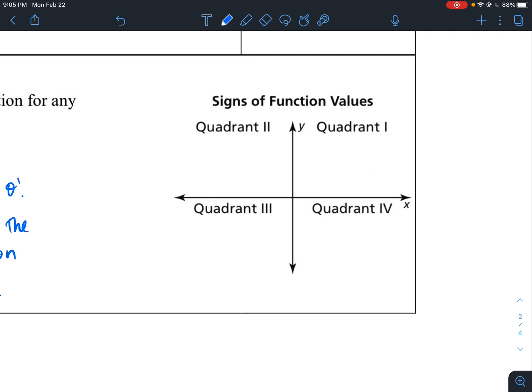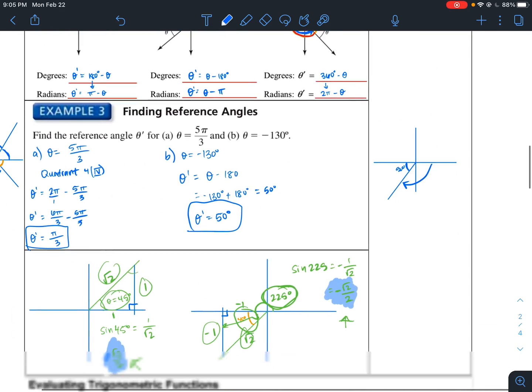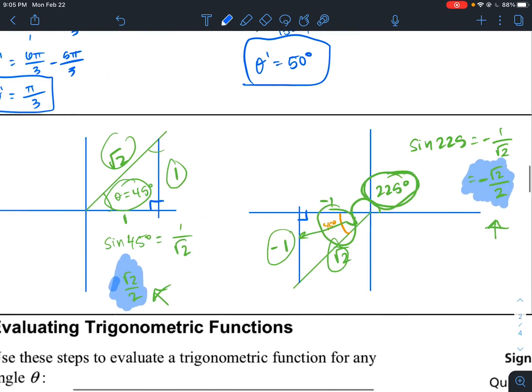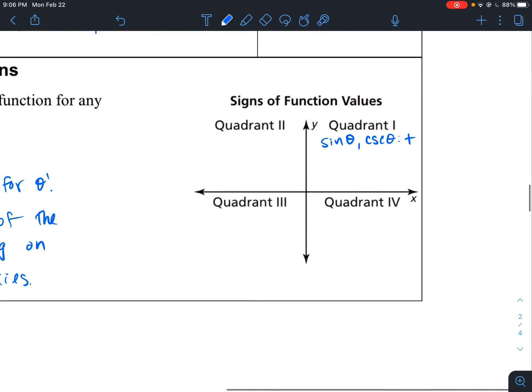So here, if it's in quadrant 1, if you have sine of theta or cosecant of theta, your sign should be positive. So your trig function value will be positive. That's because, like up here, your y and your radius will be positive, so the sign will always be positive.